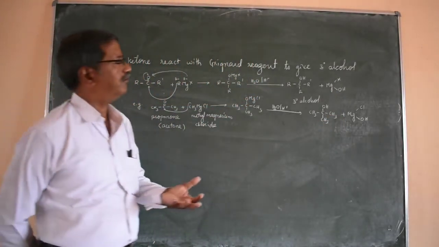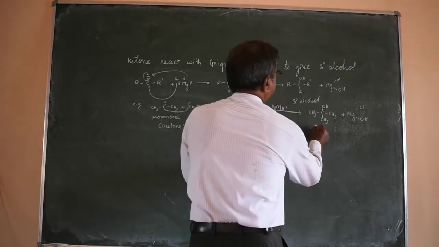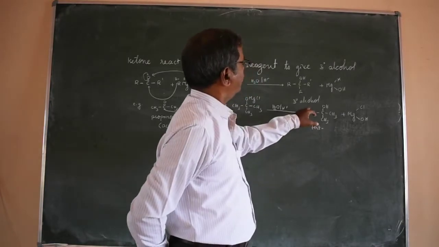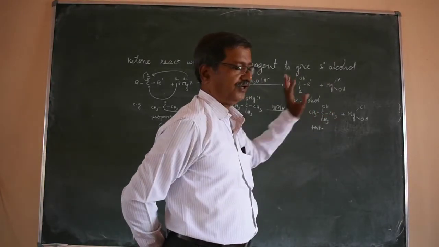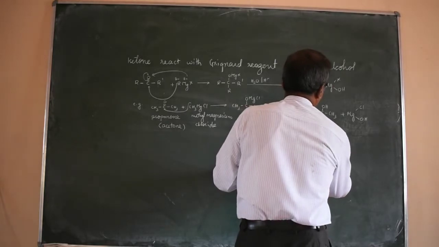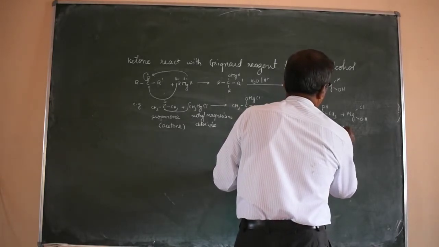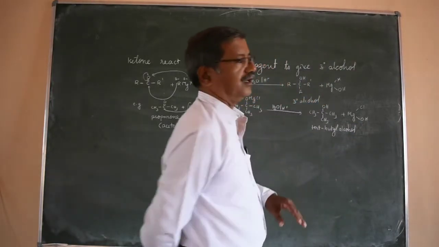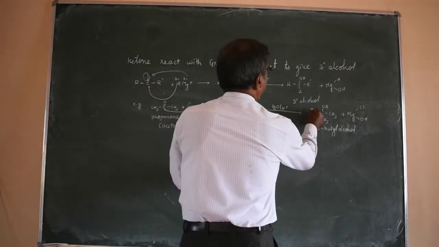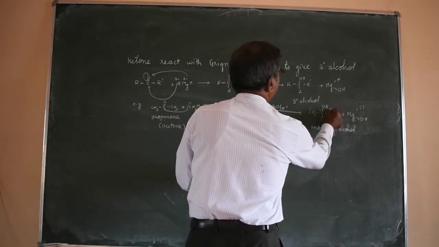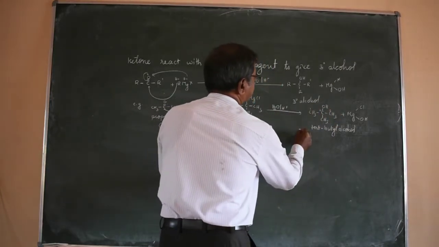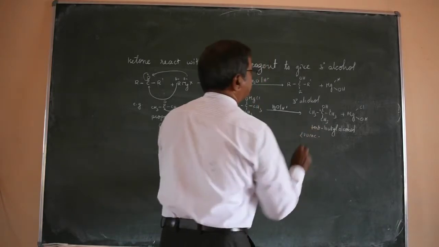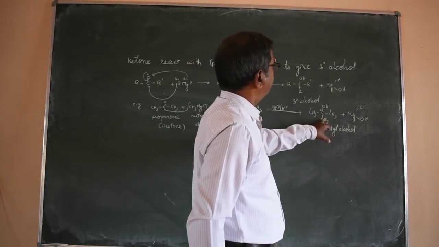We know the name of this compound. It is tertiary. After tertiary, how many carbons do we have totally? 1, 2, 3, 4. That means butyl. Tertiary butyl alcohol. The IUPAC name of this compound is 2-methyl.